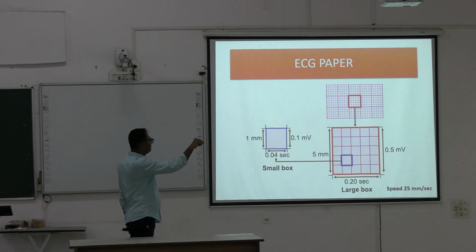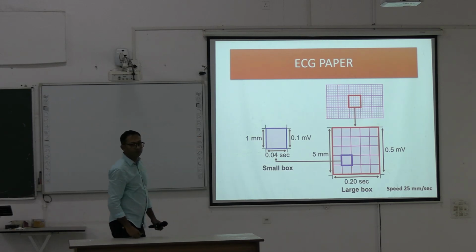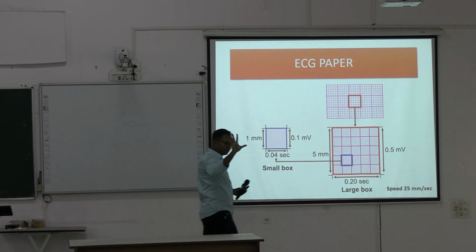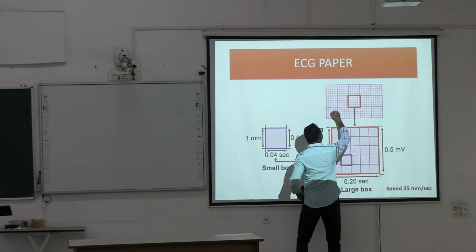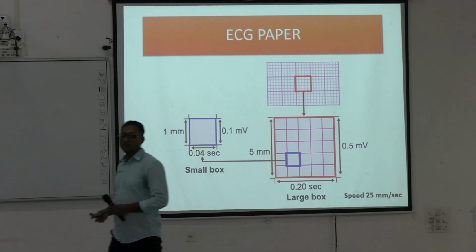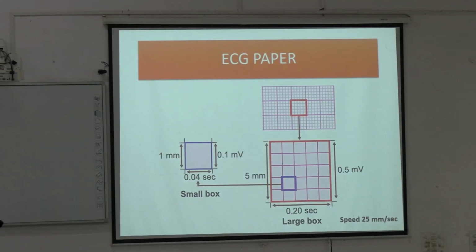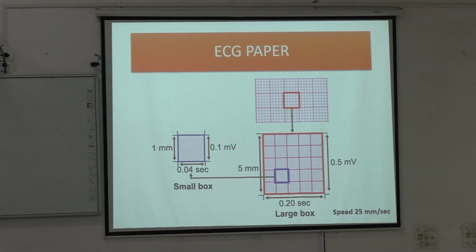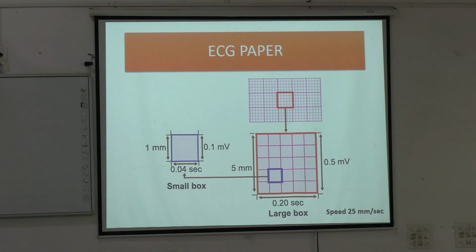You tell me its voltage. मतलब there is a positive deflection or R wave, say for example, ऐसे, इसका voltage बताओ. Yes. How many small squares? 15. And one small square means 0.1 millivolt. Okay? So the positive deflection is 1.5 millivolt.